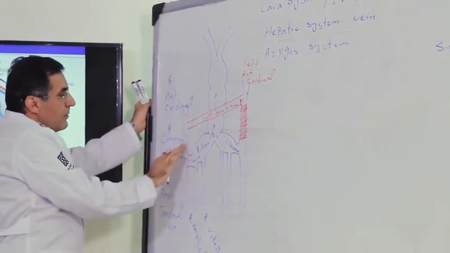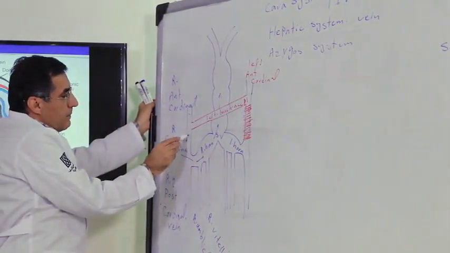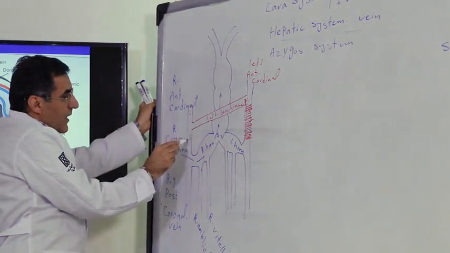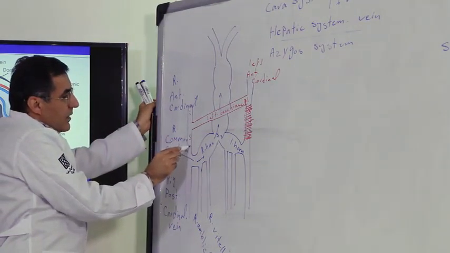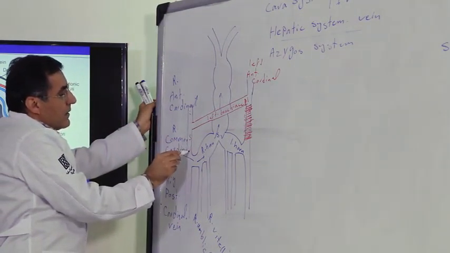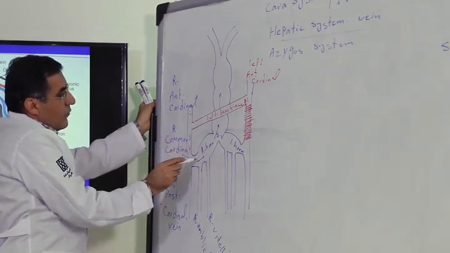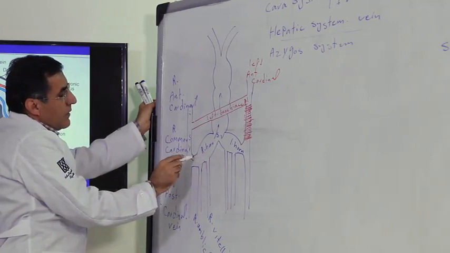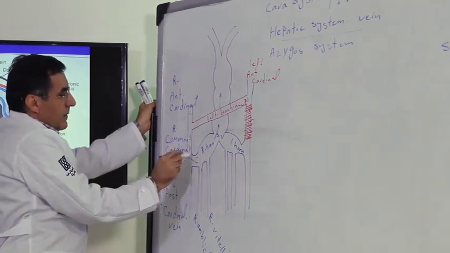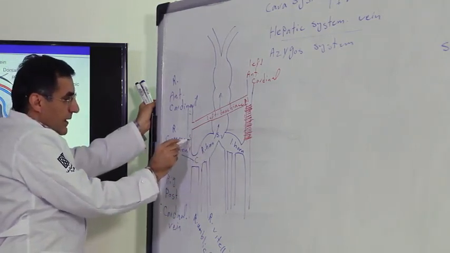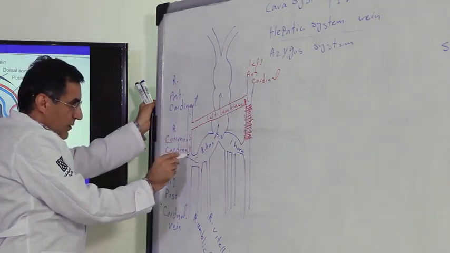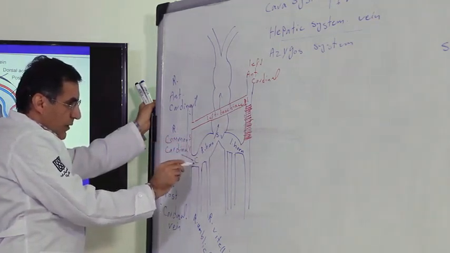The superior vena cava is made by the right anterior cardinal vein and right common cardinal vein, SVC. I write here the right anterior and right common cardinals.